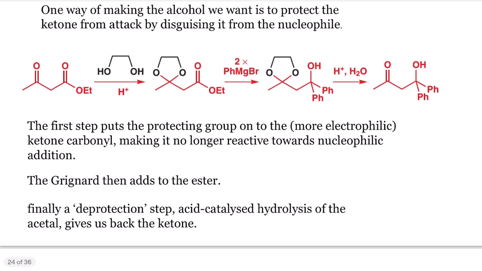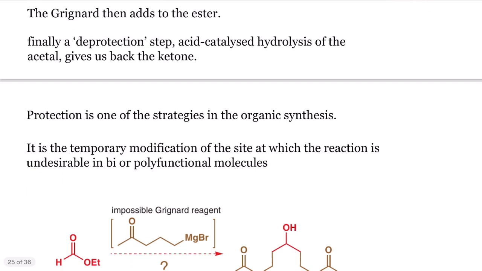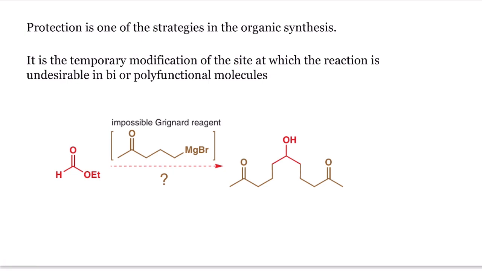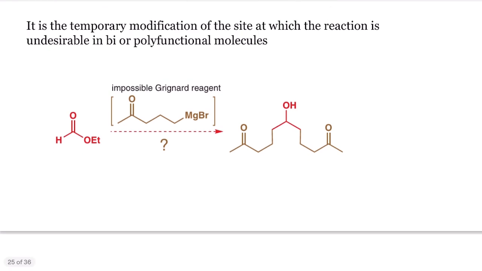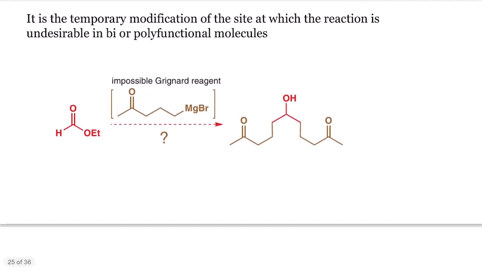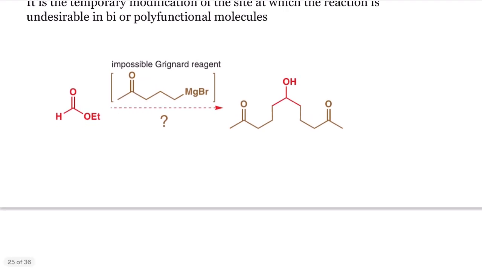free ketone. So protection is one of the strategies in organic synthesis. It is the temporary modification of the site, that is, we are going to modify the site at which the reaction is undesirable in bi or polyfunctional molecules.